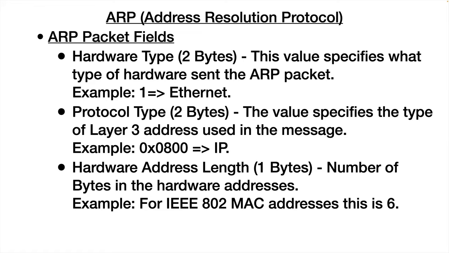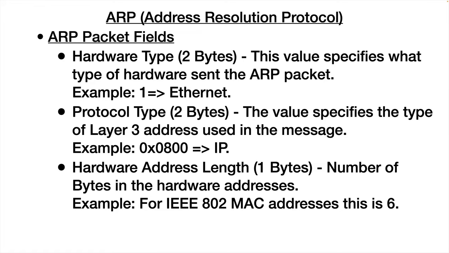The hardware address length is 1 byte. It is the number of bytes in the hardware address. So for an IEEE 802 MAC address, this is going to be 6 bytes, or as you probably know, 48 bits.